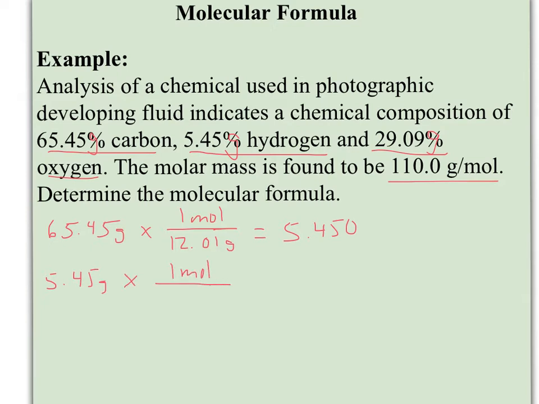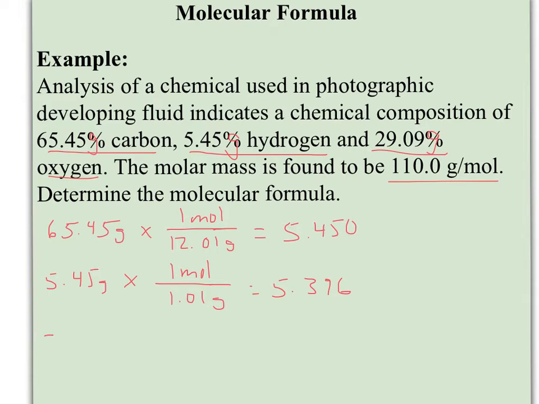The 5.45 grams of hydrogen, my conversion factor is 1 mole over 1.01 grams. So I'm going to have a little over 5.396 moles of hydrogen.